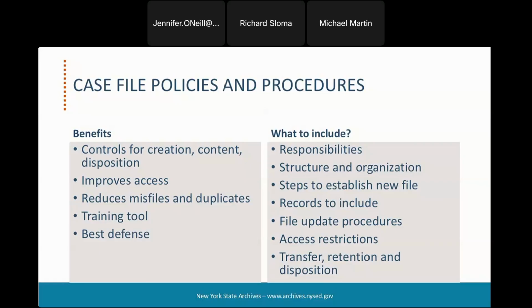The policy will also include information, as Michael mentioned, about access, who should have access to the file, and confidentiality, what information within the files needs to be protected. And it should include information about transfer, like to inactive records or for historic agency records transfer to the state archives, and information about retention and disposition, including weeding of records.